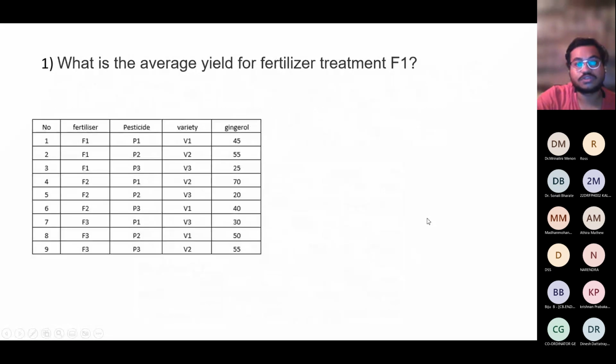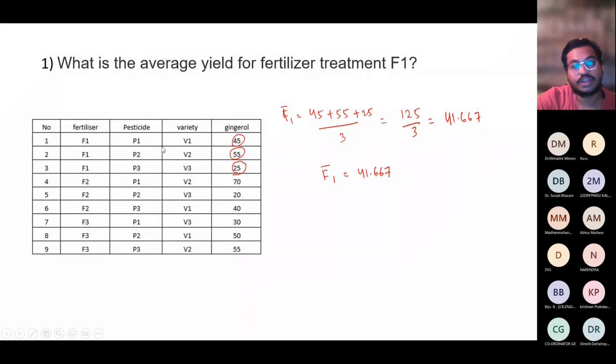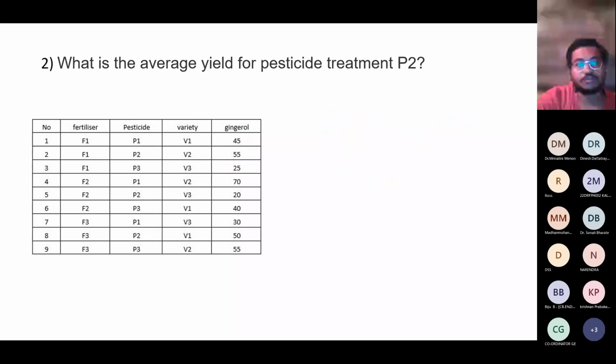The first question is, what is the average yield for fertilizer treatment F1? We'll see where F1 occurs in the table, take all those values, add them up, and divide by 3 because it occurs 3 times. That gives the average yield, 41.667. Is that clear? Yes, now it's clear.